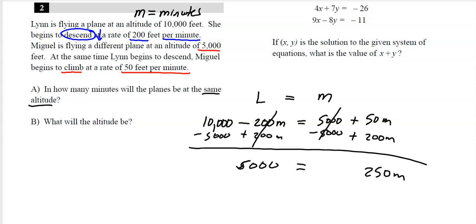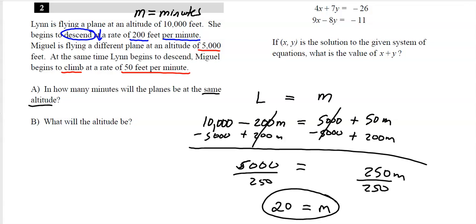So I get that. Divide both sides by 250. And we get m equals 20. So our minutes was 20. So after 20 minutes, that's where they're going to be at the same altitude.